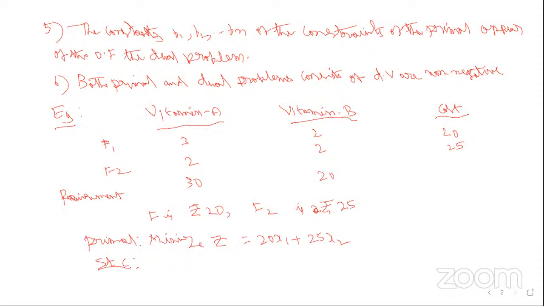Vitamin A: 3x1 plus 2x2 greater than or equal to 30. Vitamin B: 2x1 plus 2x2 greater than or equal to 20.